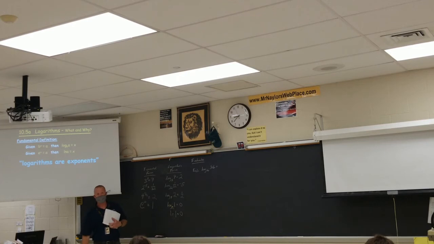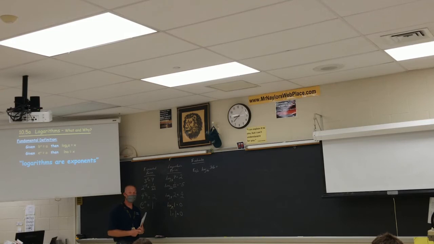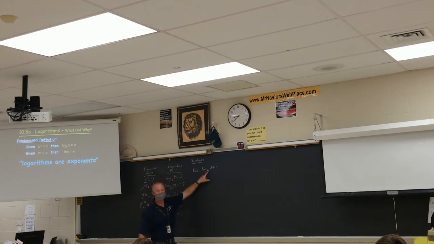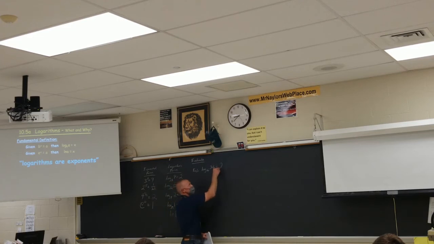Now, believe it or not, the log base 6 of 36 is a number. Sometimes I find that kids just don't realize that a log is actually equal to a number. And all you got to be doing in your head is just kind of thinking, okay, what is the exponent that you'd put on this 6 to get this 36? It's not a trick question. What exponent you put on 6? It would have to be 2. So this log is equal to 2.